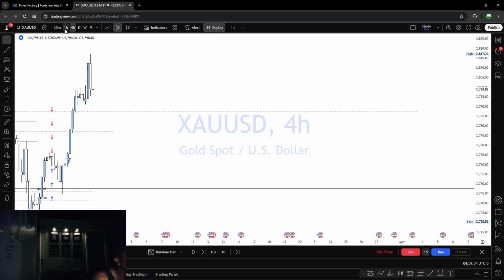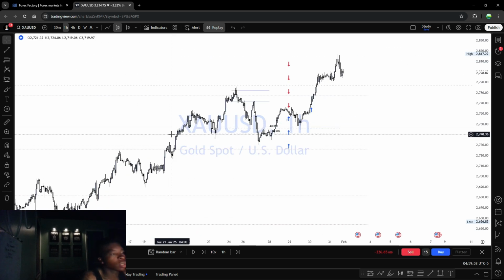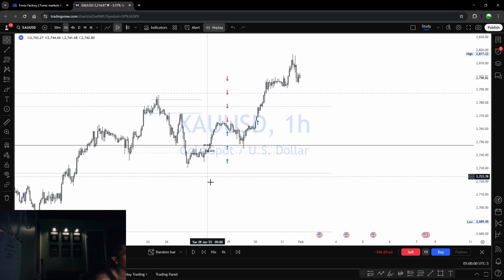So basically, it was still bullish. Of course, like I said, we had this here and the break of structure. So what I used there was, okay, it pushed up and let us know the direction it wants to go. And we see it pushing up.